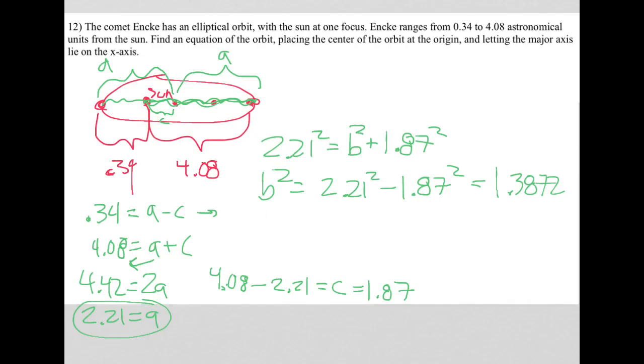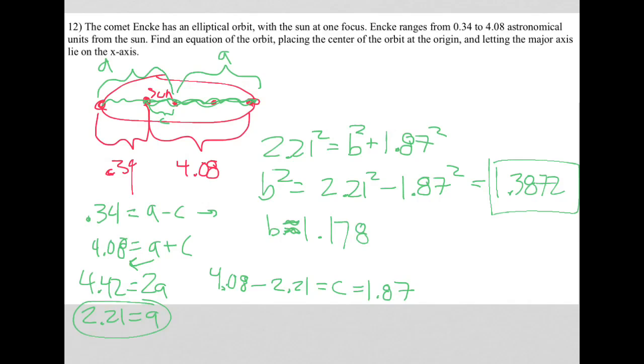And if we took the square root of that to find what the actual value of B was, we'd find that B is 1.178 roughly. Whereas, based off of the data, this B squared is a terminating decimal.